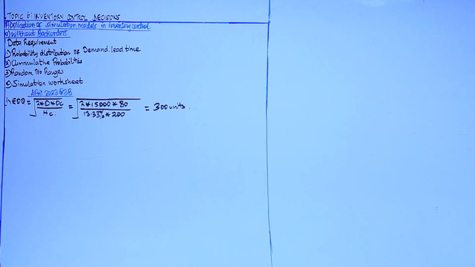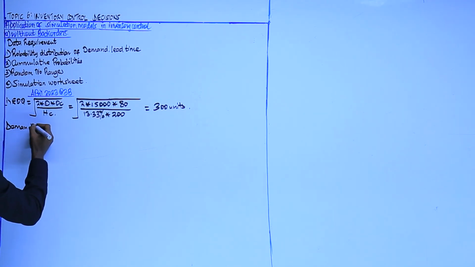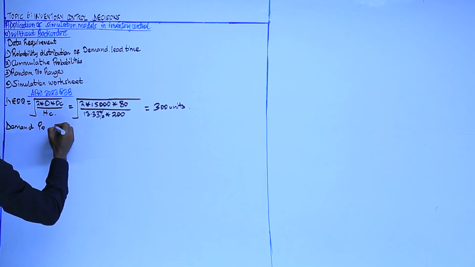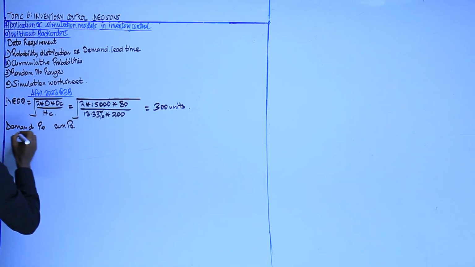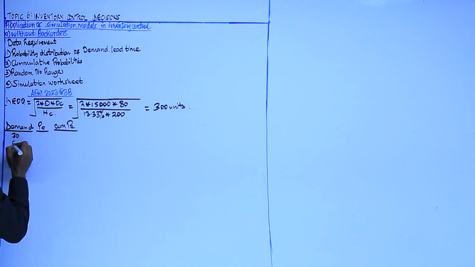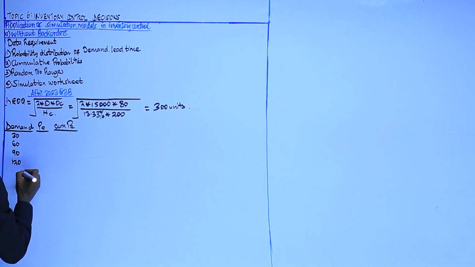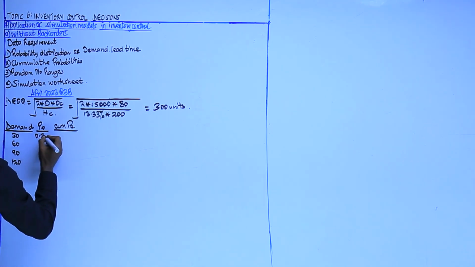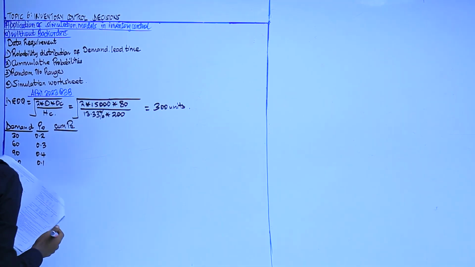Simulate. For us to simulate, we need our probability distribution. You want to simulate your demand: 30, 60, 90, and 120, with probabilities 0.2, 0.3, 0.4, and 0.1.